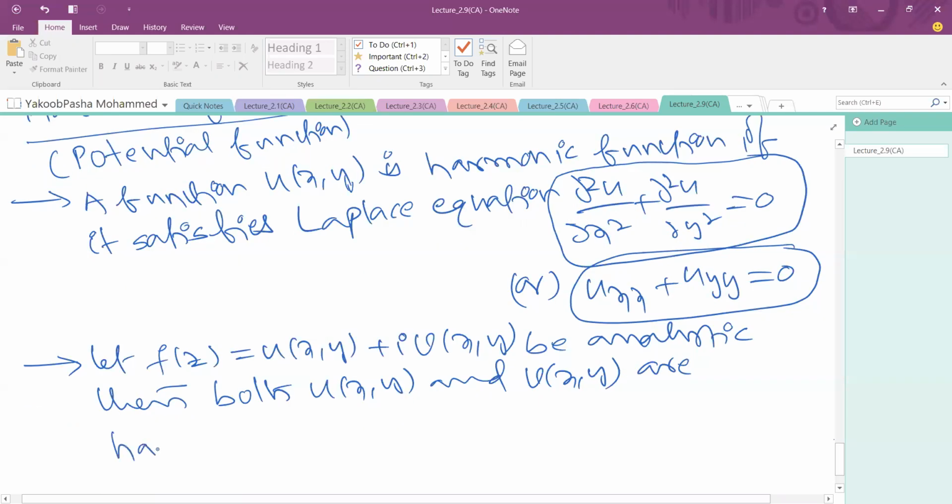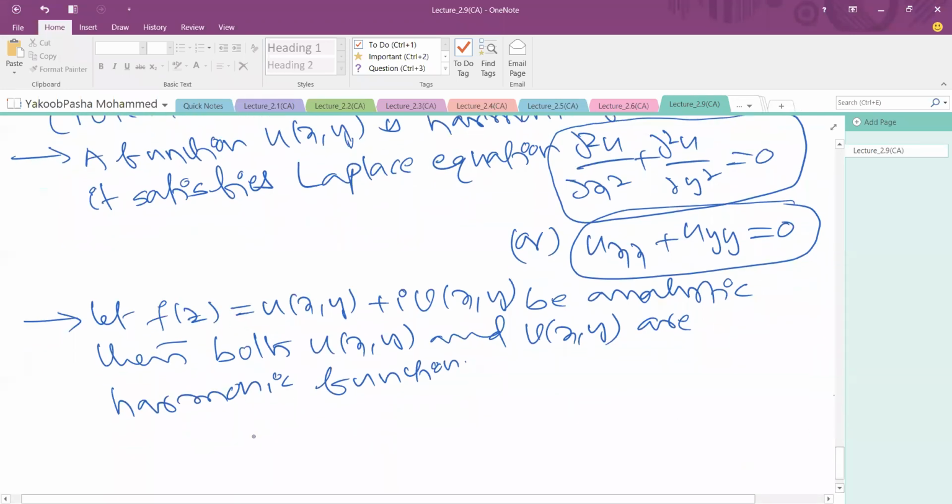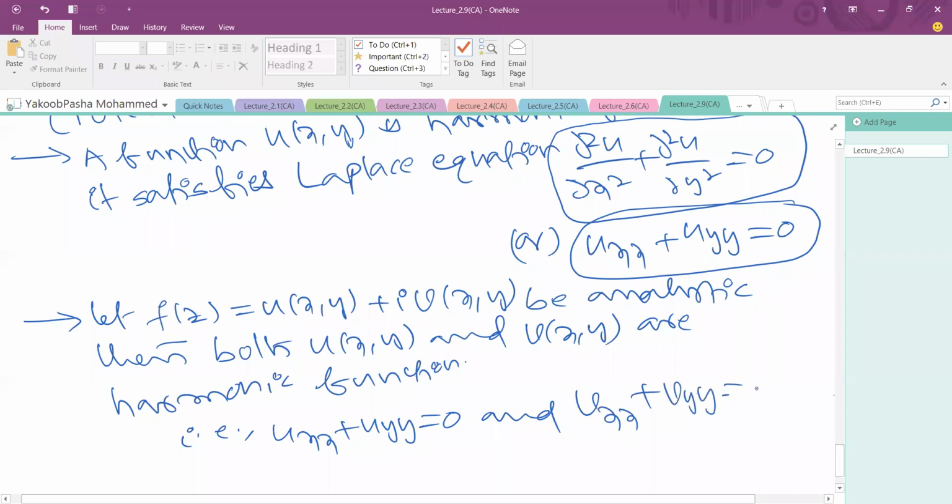Okay, harmonic functions, very important results for PG second semester students. That means u xx plus u yy is equal to 0, so u is harmonic, and v xx plus v yy is equal to 0.